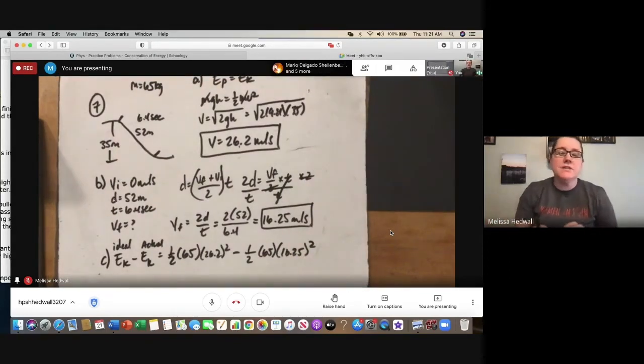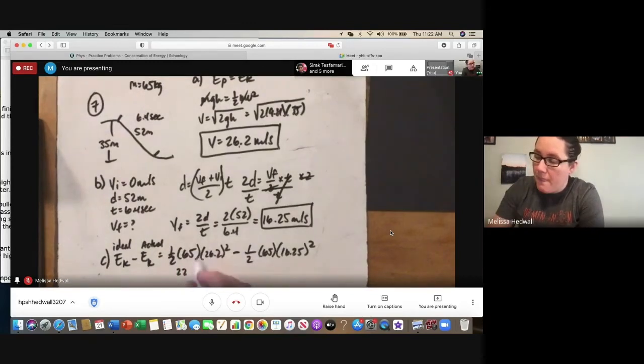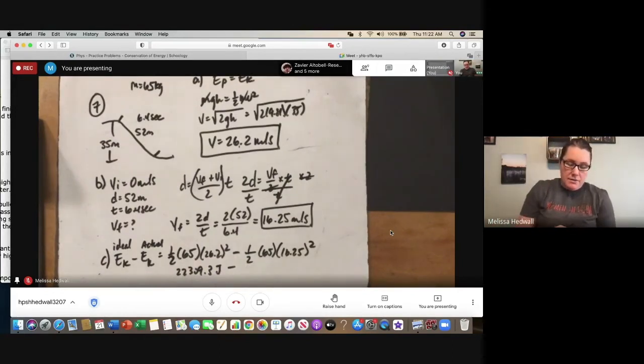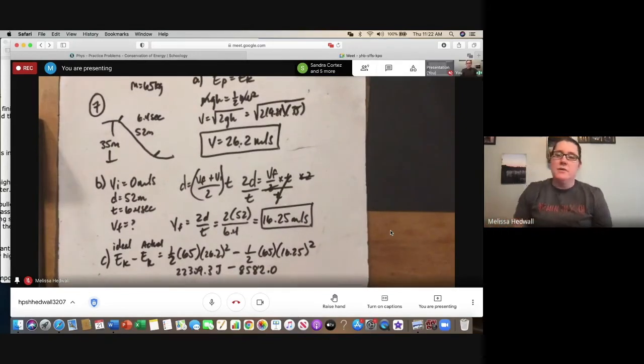So we'll calculate these two energies here. 0.5 times 65 times 26.2 squared gives 22,309.3 joules. What it actually ended up being, 1/2 times 65 times 16.25 squared, is 8,582.0. We don't need all of those decimals.